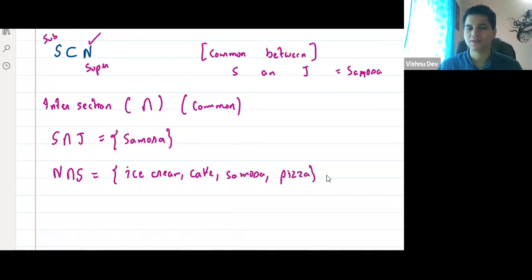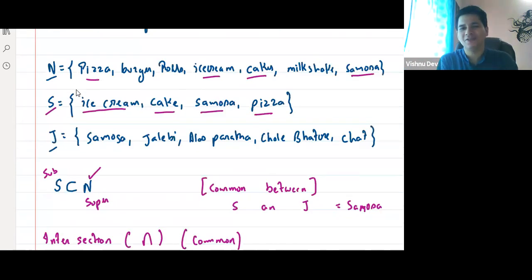So all the four, right? Which is basically S only. Because obviously S is a subset of N, so the common will be S only. Okay? Clear? Everyone got this concept? Yes or no? Does anyone have any difficulty? It is super easy to understand.